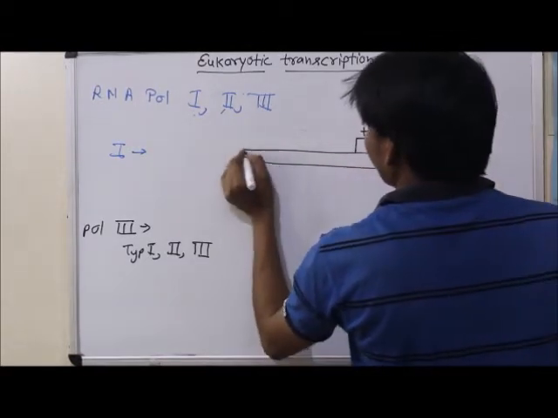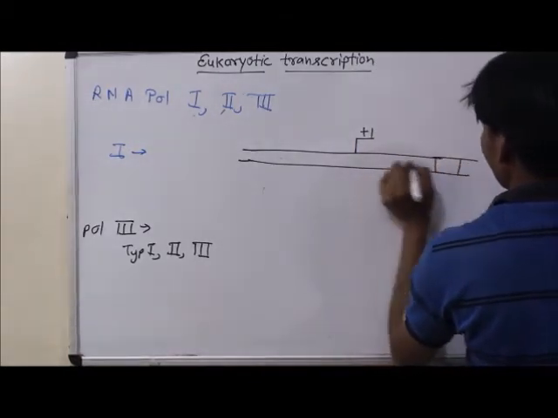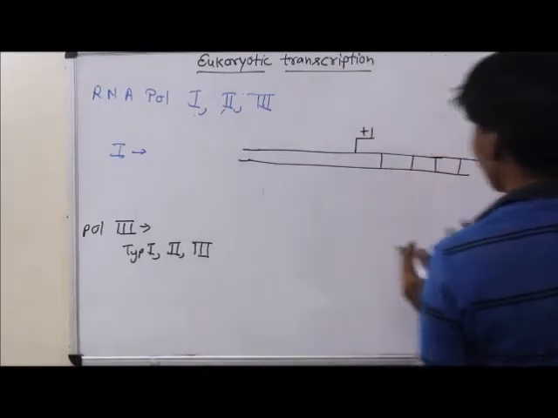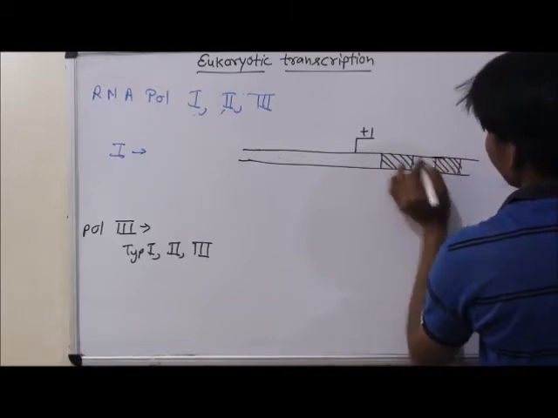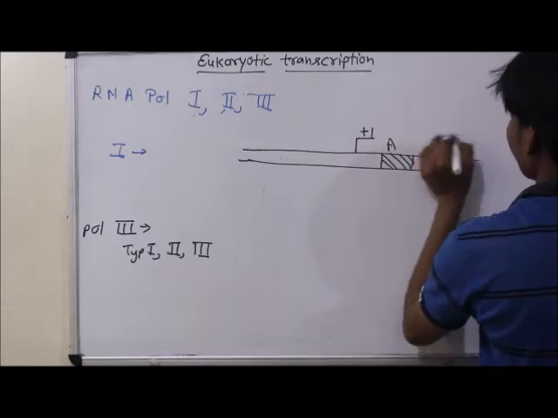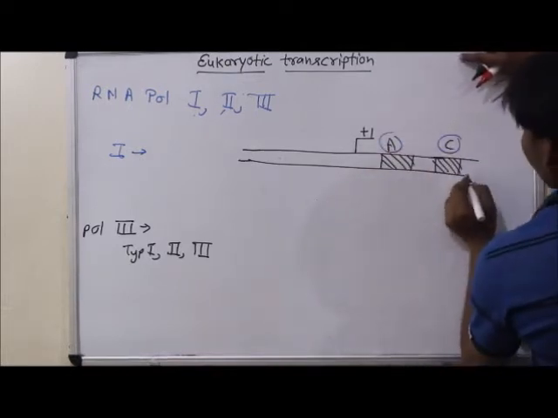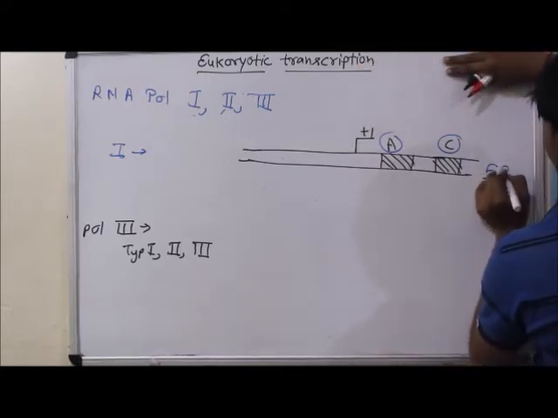+1. Okay, upstream and downstream there are specific sequences, called the A box and the C box. This is the C box and the A box, and that's transcribed to 5S RNA.